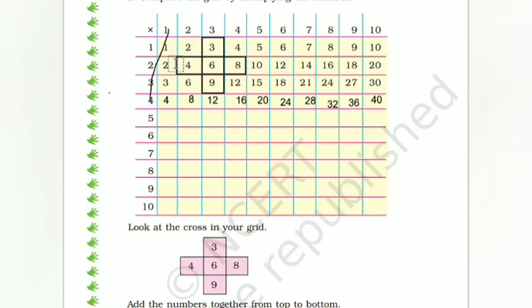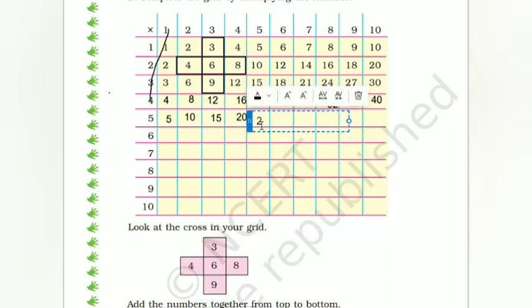Okay, 5 times 1 means 5. 5 times 2, crossed, we get 10. 5 times 3 we get 15. 5 times 4, 20.